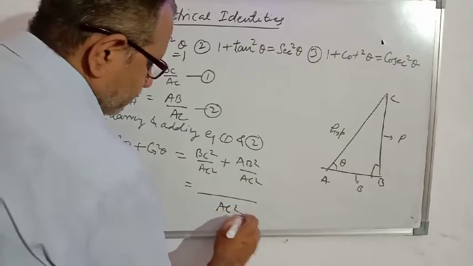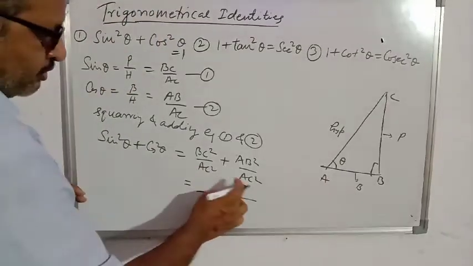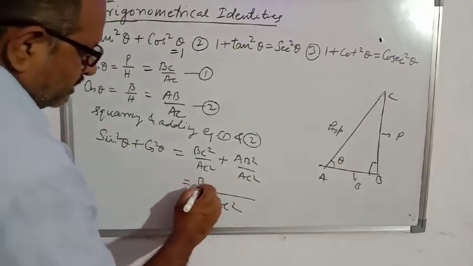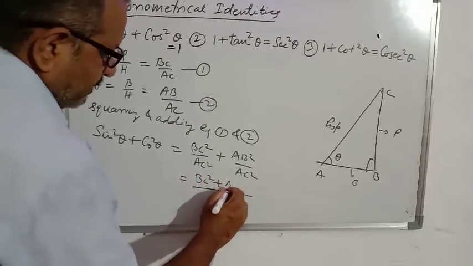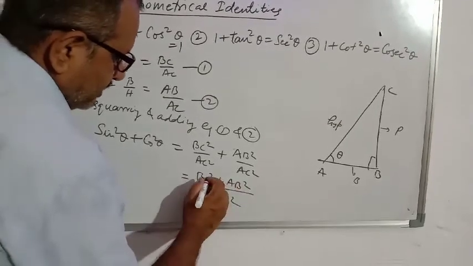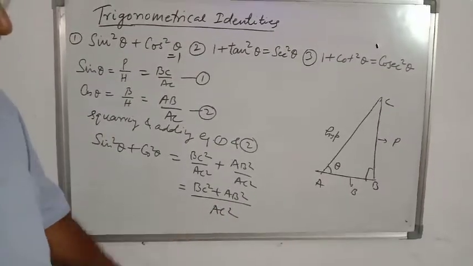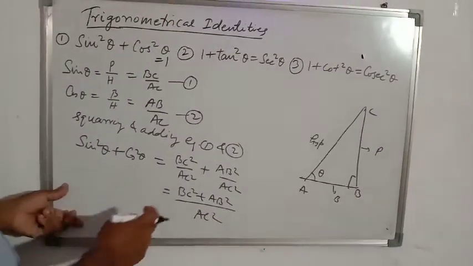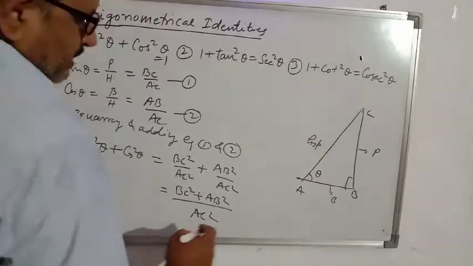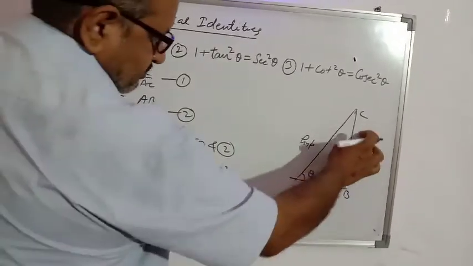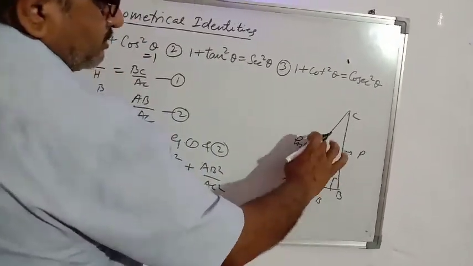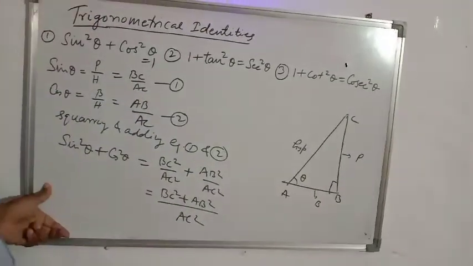The LCM will be AC square. Both have the same denominator, so we can write BC square plus AB square upon AC square. What is BC square plus AB square? BC square plus AB square is equal to AC square by Pythagoras theorem.